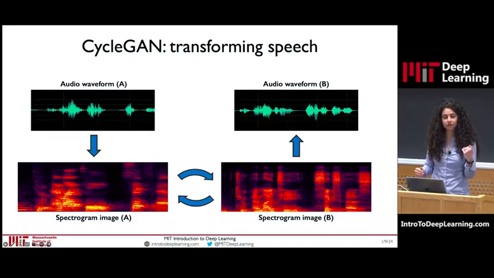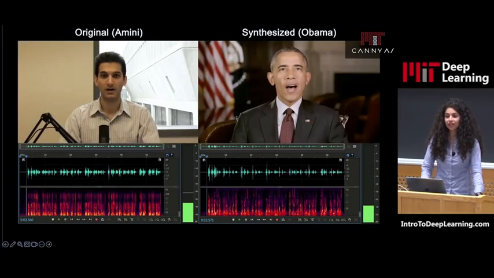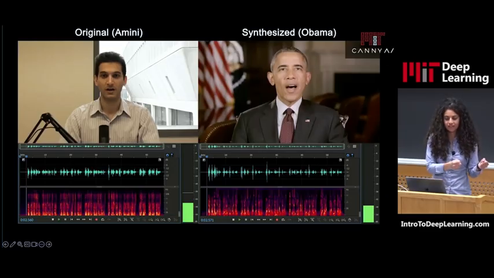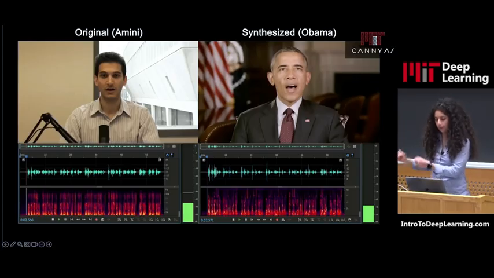So following this conversion of the audio waveforms to these spectrogram images, the cycloGAN was trained to perform this conversion. And specifically, what we did was we took recordings of Alexander's voice, Alexander speaking, converted them to spectrogram images, built our cycloGAN model, took the recordings of Obama's voice, did the same thing, and then learned the cycloGAN model to perform this domain transformation between audio of Alexander's voice and audio of Obama's voice.